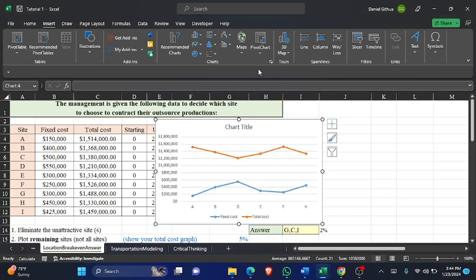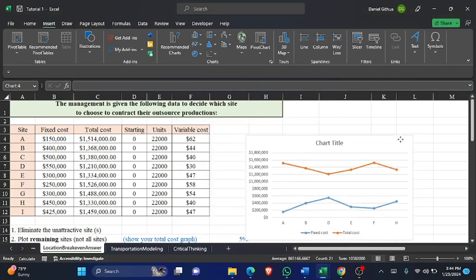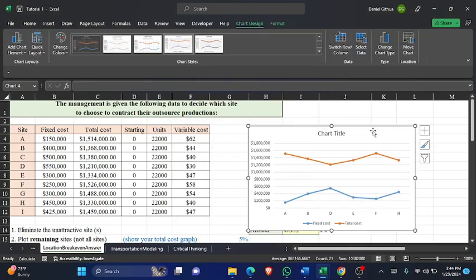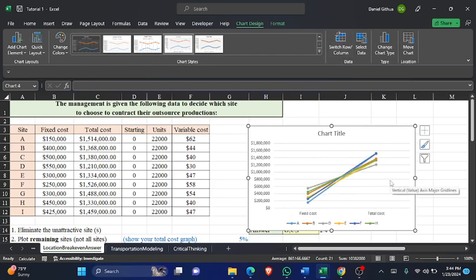Now we want to plot, but we should have 6 lines. For us to have the 6 lines, we switch rows to columns like that. Now we have to ensure that we have values at the downside.